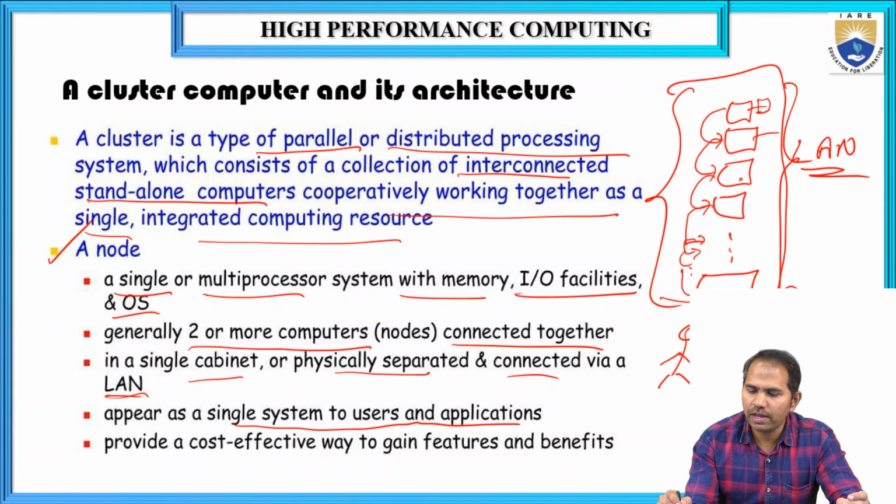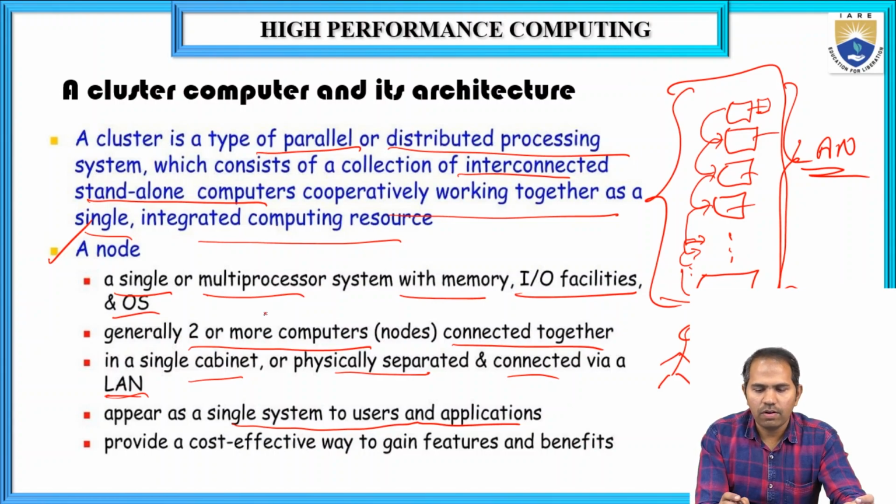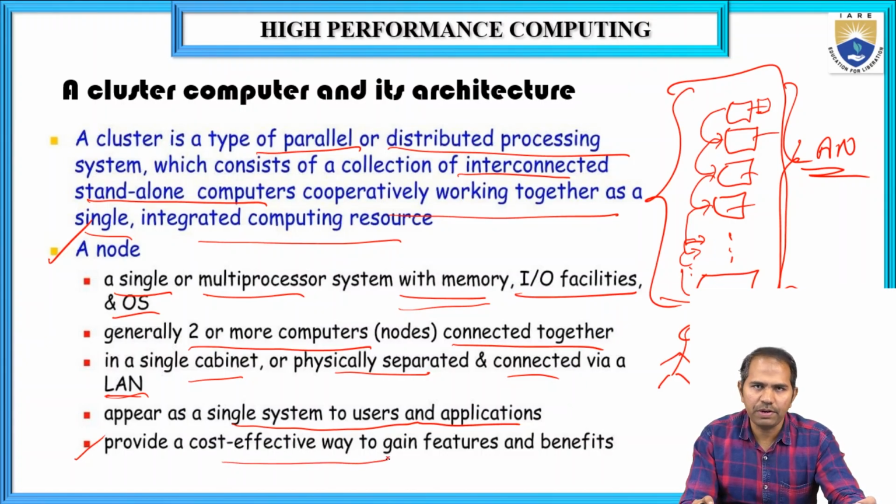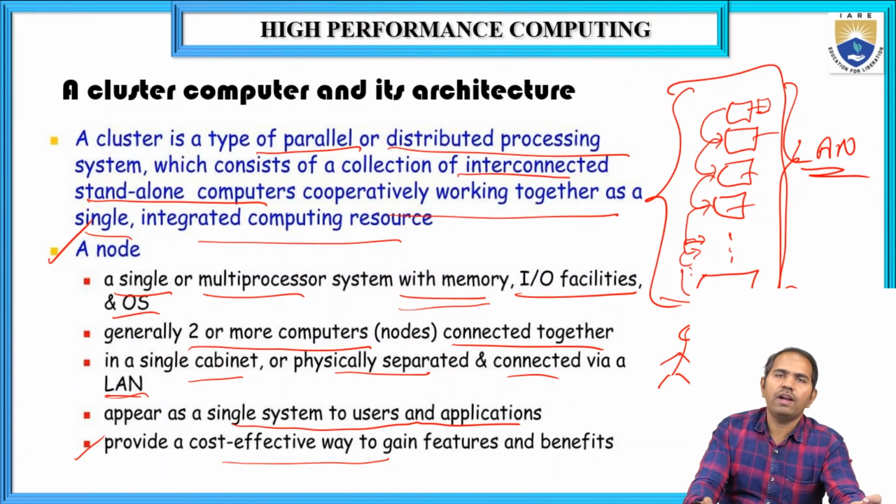Each node is a single system containing memory, I/O facilities and an operating system. And lastly, it provides a cost-effective way to gain features and benefits. So this is the cluster computer and its architecture.